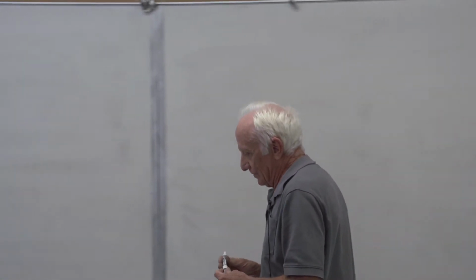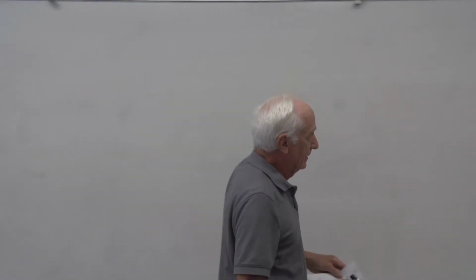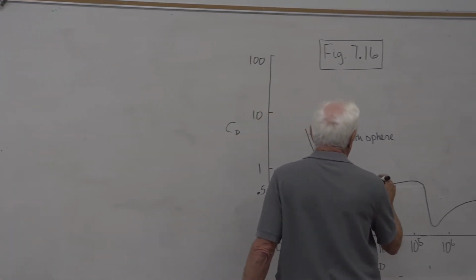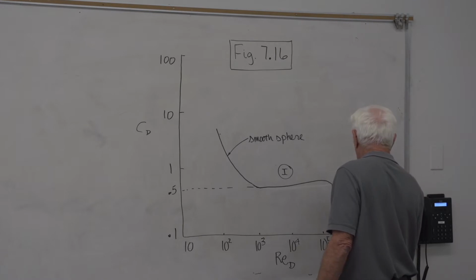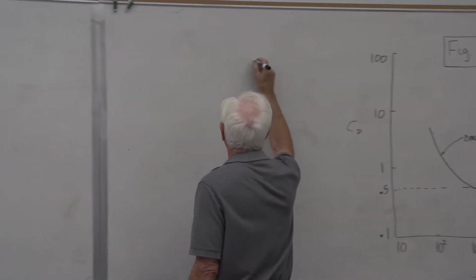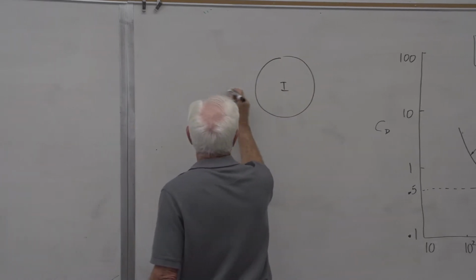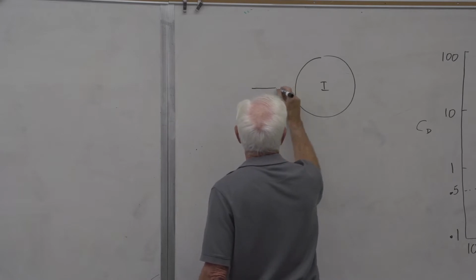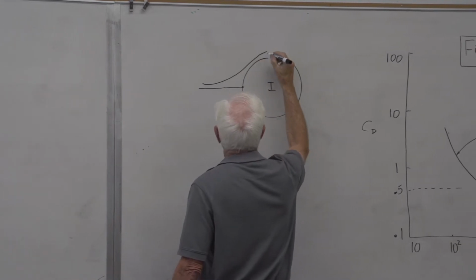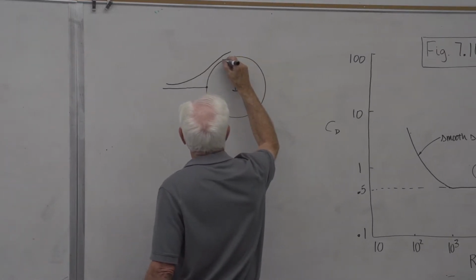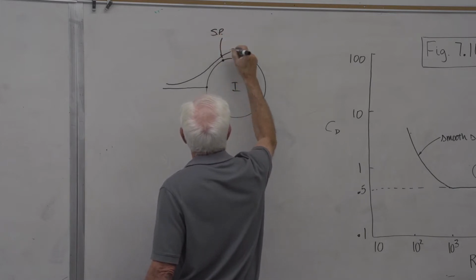But just to look at the major difference between the two, if we look at this region here, call that region 1 and call that region 2. Well, region 1 can be when the flow approaches, there's a stagnation streamline. The flow goes around the cylinder or the sphere. It separates at a particular location.